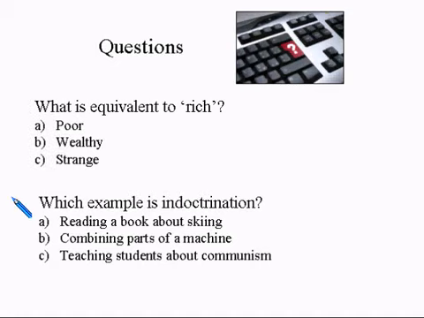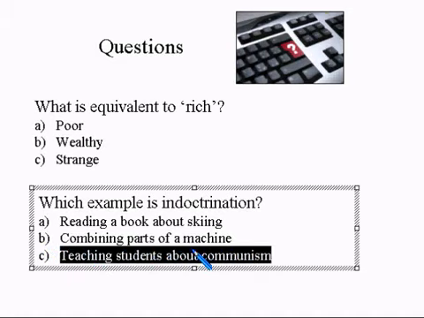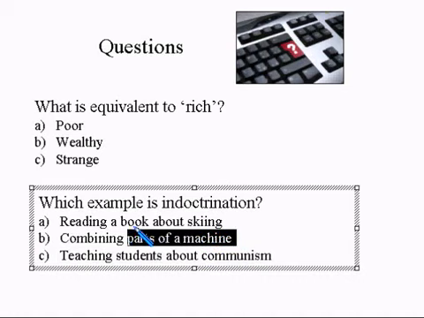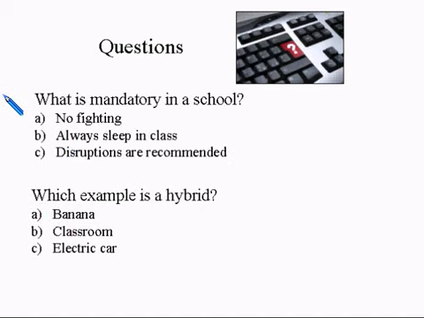Which example is indoctrination? Reading a book about skiing, combining parts of a machine, teaching students about communism. The answer: C. Teaching students about communism. This is assembly. This is nothing. Number 3. What is mandatory in a school?